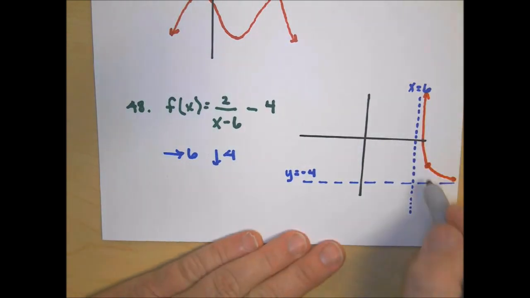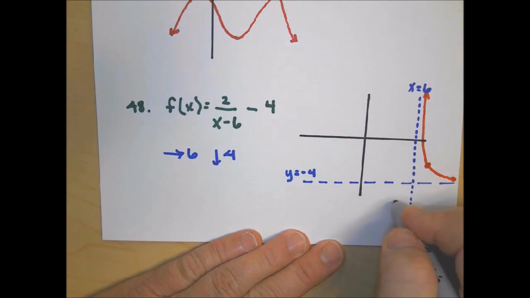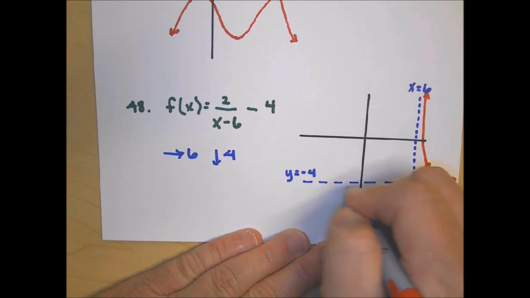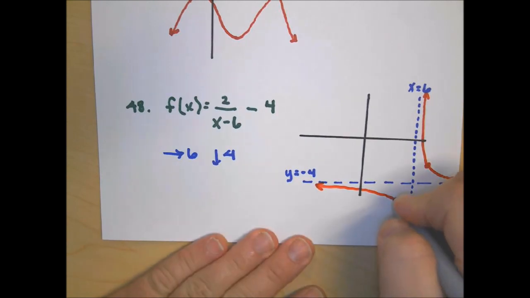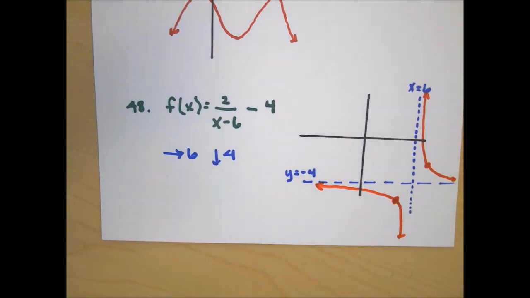And the other key point would be down here somewhere where it makes the turn, and it's going to do something like this. So that would be a decent sketch of that function.